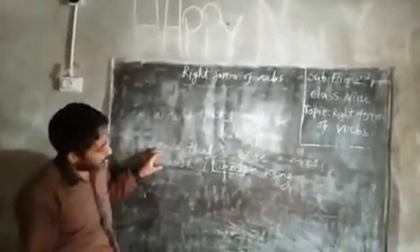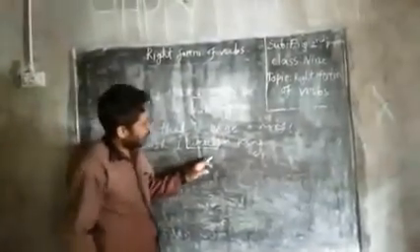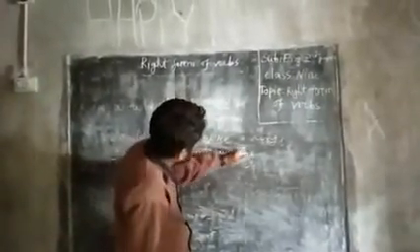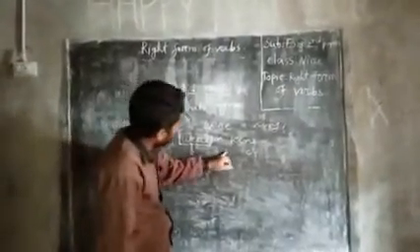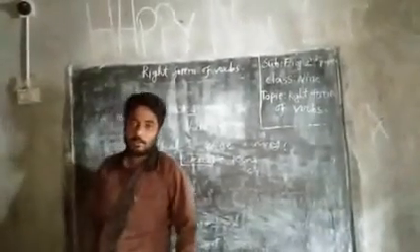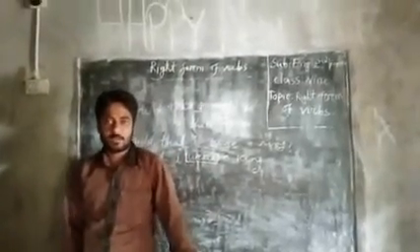The first sentence is would that I were a king. Oh, sorry. And the next sentence is I wish I were a king. In these two sentences, I have used here the to be verb were, though the subject is first person I.